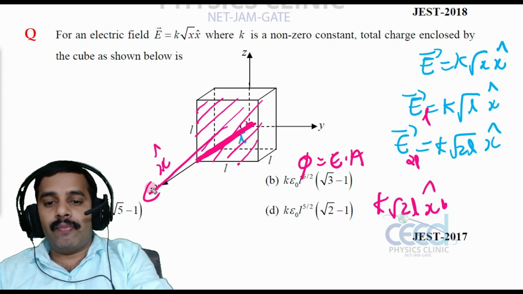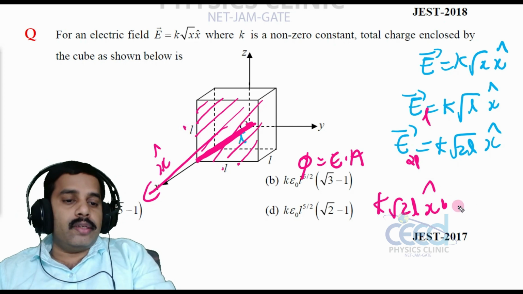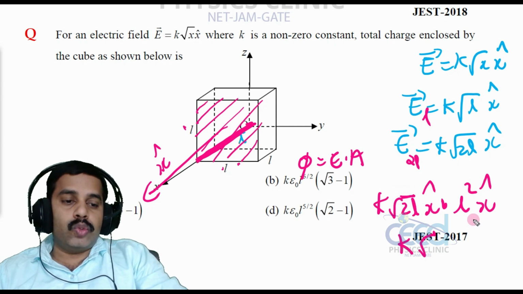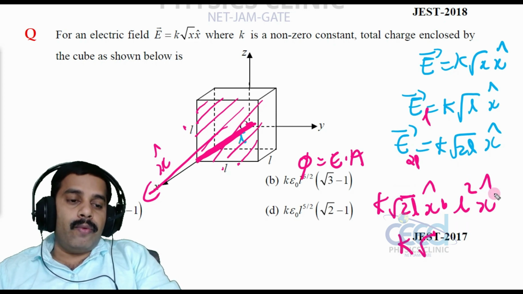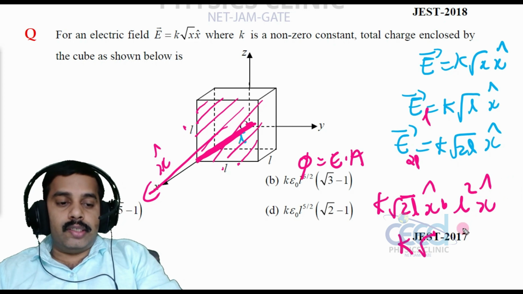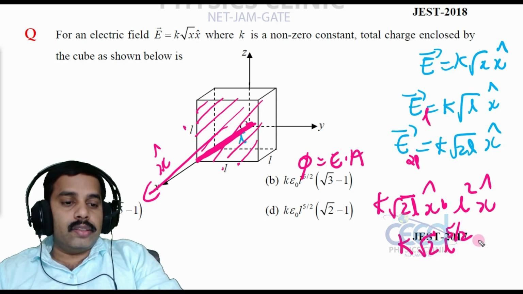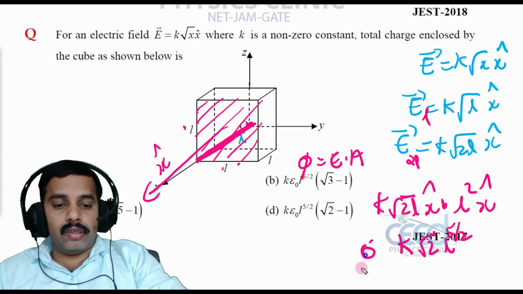What is A? That is L into L, L square, along x cap. So x cap dot x cap equals 1. What remains is k into root 2, with L raised to 1 by 2 plus 2, that is 5 by 2. So root 2 into L raised to 5 by 2. This will be the flux.